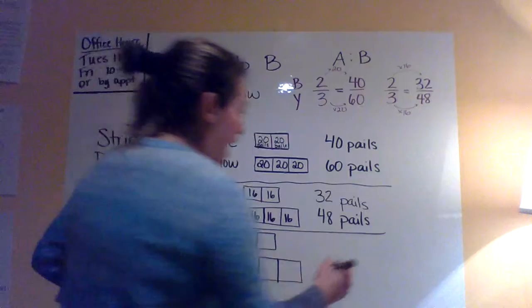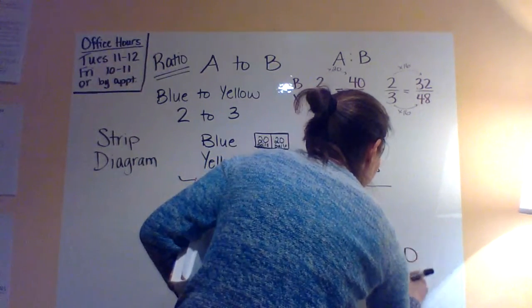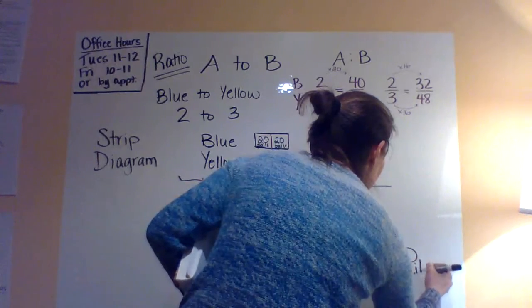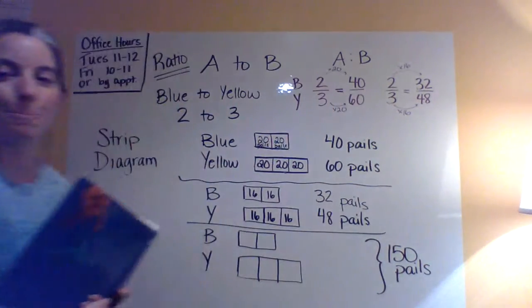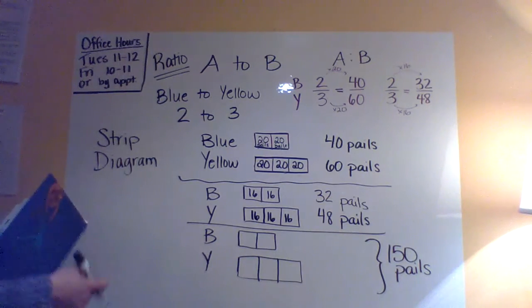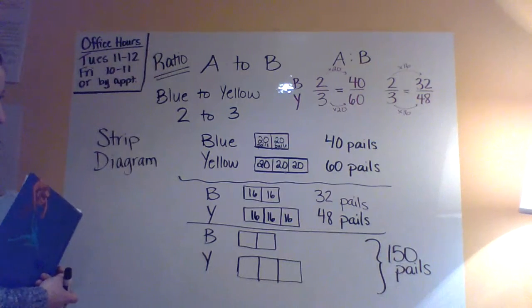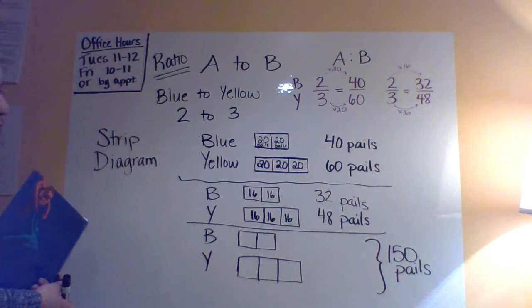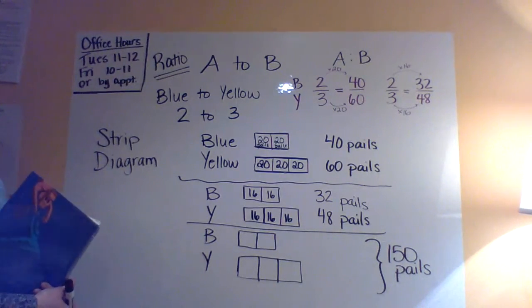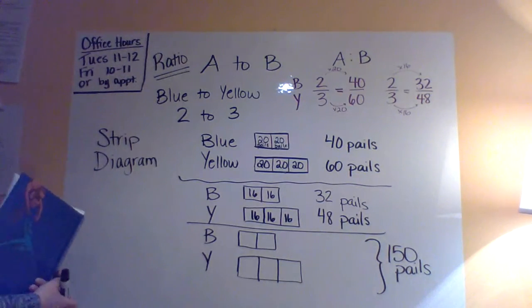I know that I want to make altogether 150 pails of paint. And I want to know how much blue paint I will need, how many pails of blue paint, and how many pails of yellow paint. So there are a few different ways we could think about this, okay?